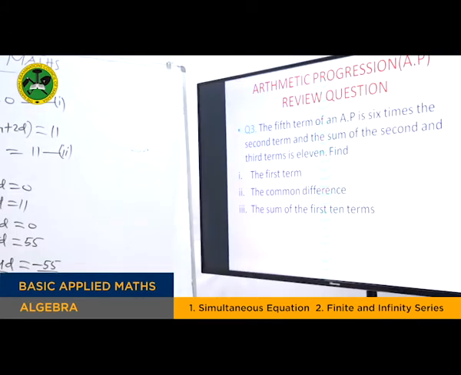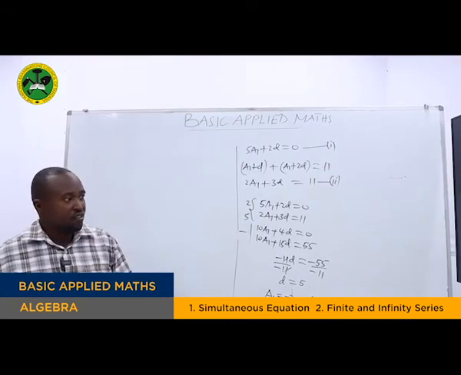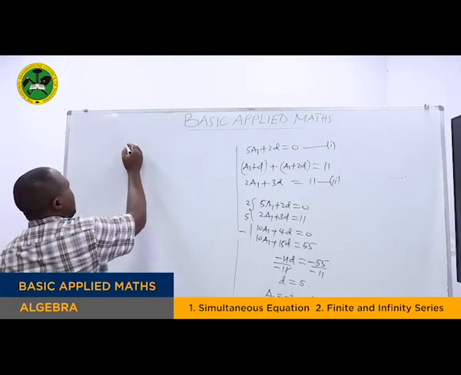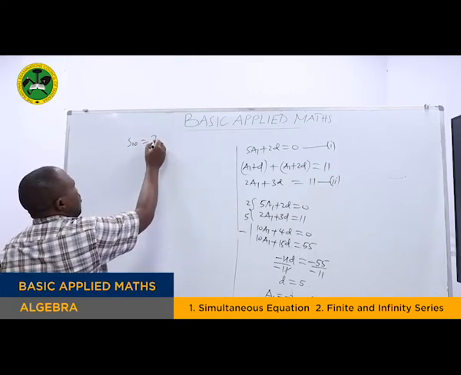Now we remain with only one question, that is the sum of the first 10 terms. So the sum of the first 10 terms, that is S10, we need to find S10 is equal to how much?